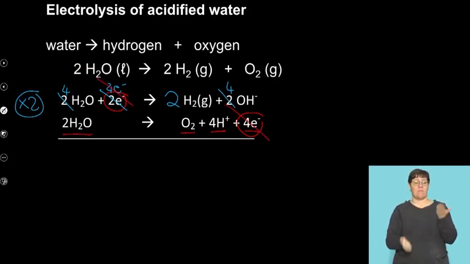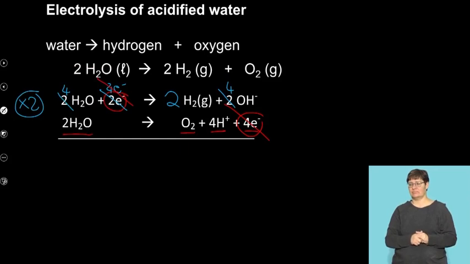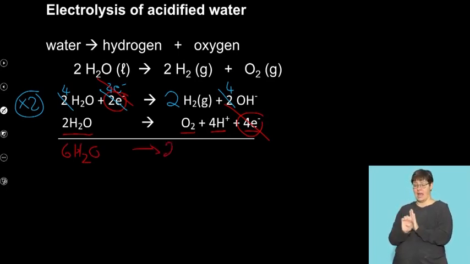Let's add up just like we would for something in accounting. We're going to just make sure we add things together. 4 water plus 2 gives us 6 H2O. The electrons are cancelled, go to this point, 2 H2, which is what we had before, 2 hydrogen gas molecules, plus oxygen.